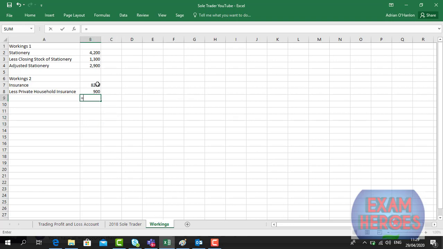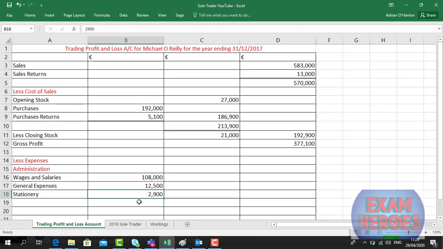So take the 900 away from the 8,200. And this is our adjusted insurance amount. Okay, so that's my insurance done.